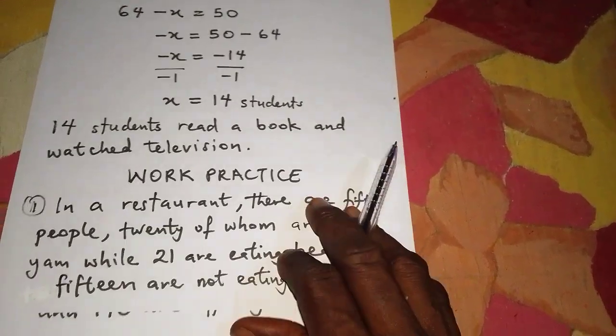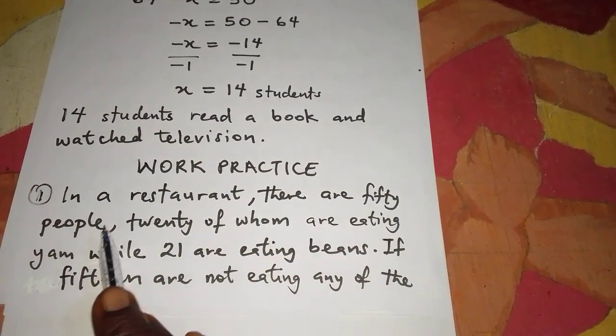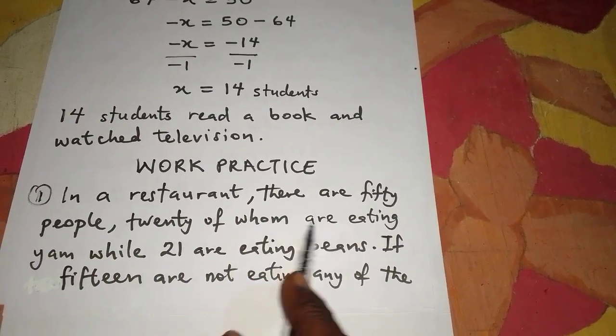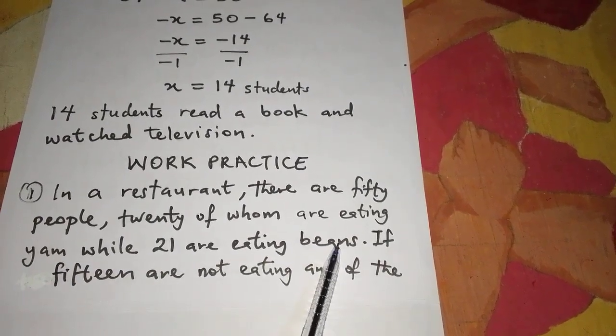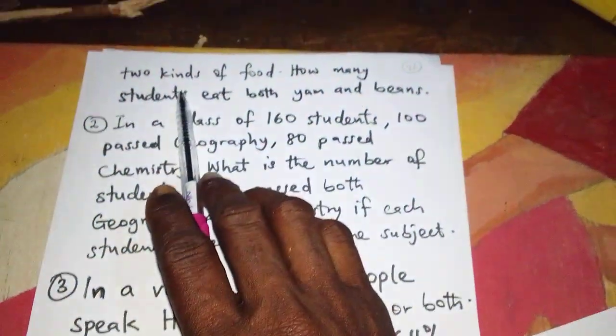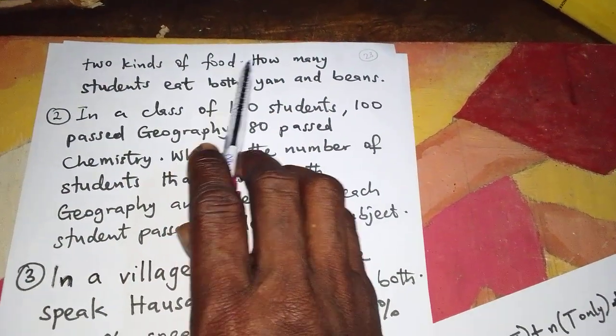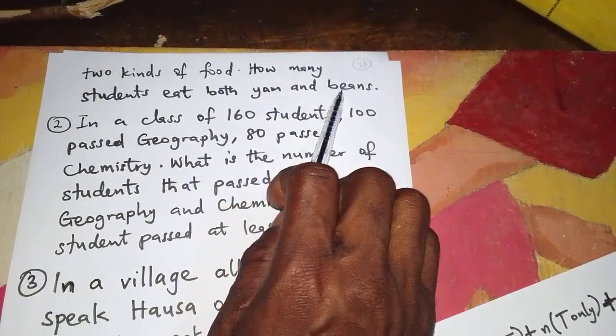For your practice. Number 1. In a restaurant, there are 50 people, 20 of whom are eating yam, while 21 are eating beans. If 15 are not eating any of the two kinds of food, how many people eat both yam and beans?